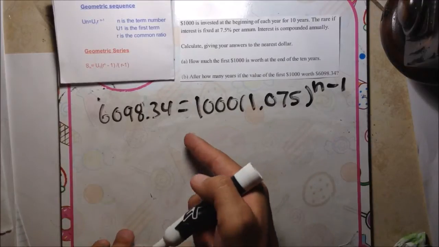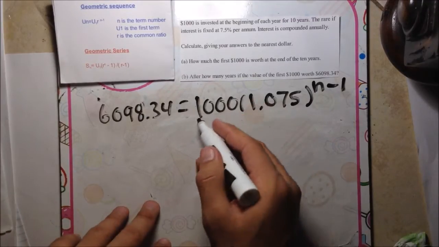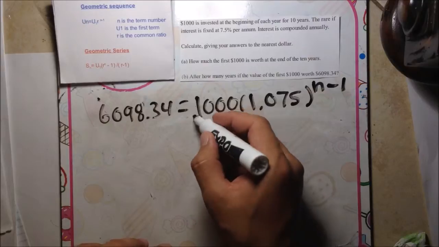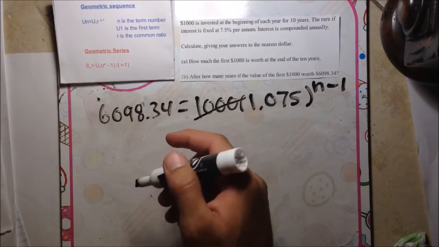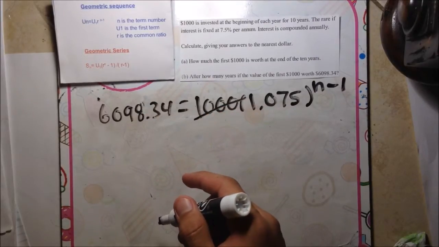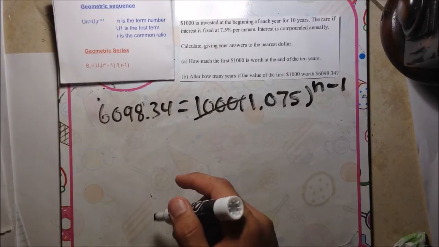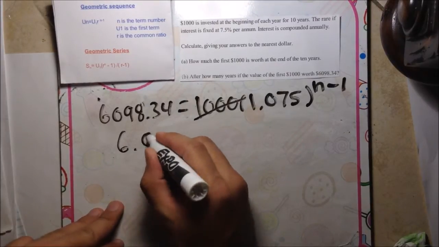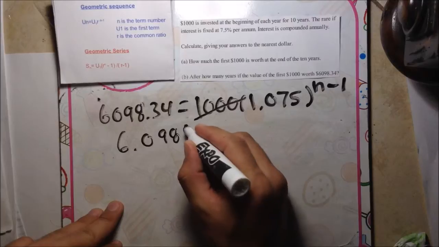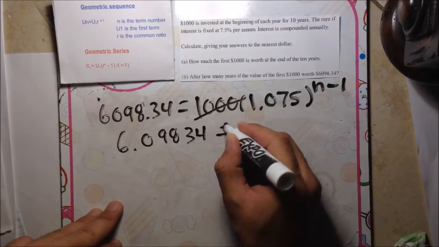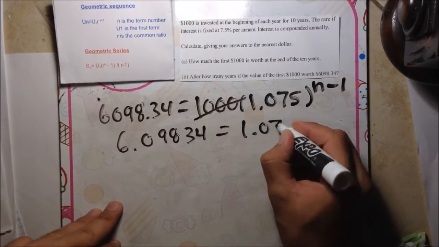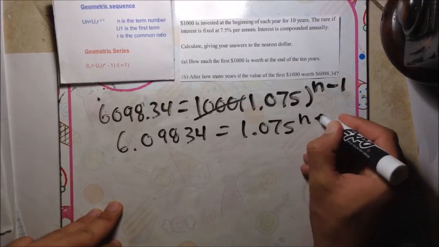So from here we can simply divide by the 1,000 to make this simpler. We get rid of this 1,000 by dividing both sides by 1,000, which gives us 6.09834 equal to 1.075 to the power of n minus 1.